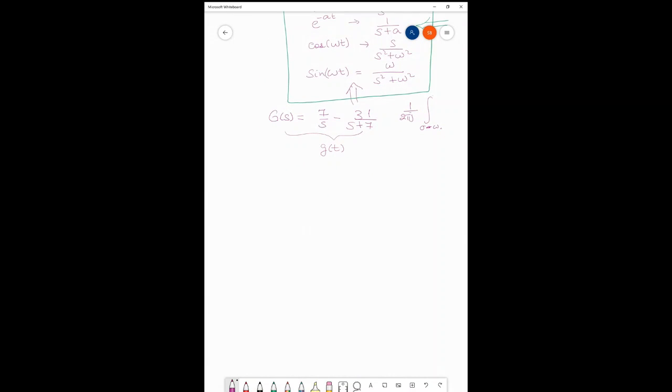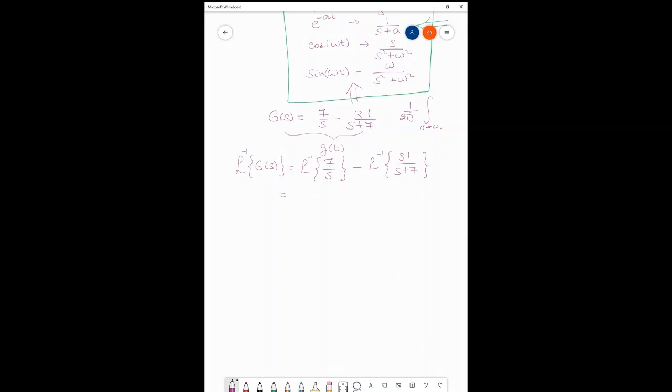So what do we have here? Using our linearity property, since the inverse Laplace transform also follows linearity, we can compute it as the inverse Laplace transform of 7 over s minus the inverse Laplace transform of 31 over s plus 7.